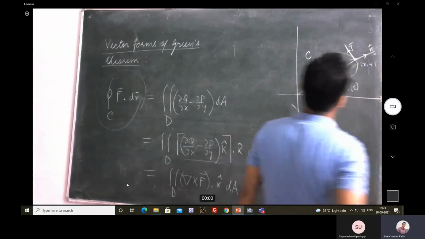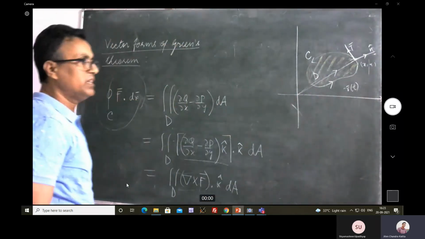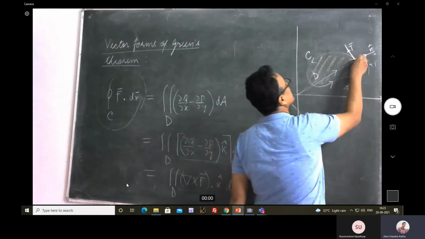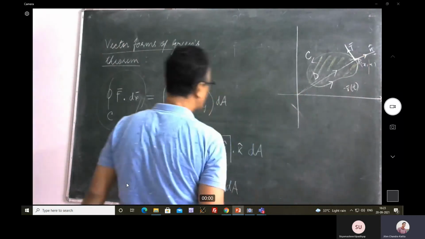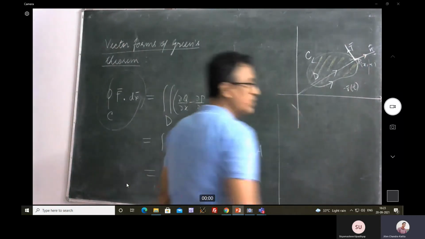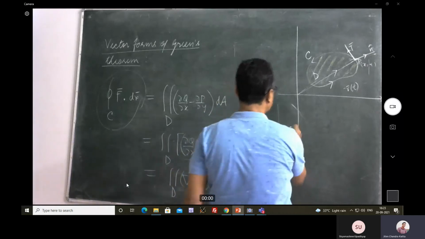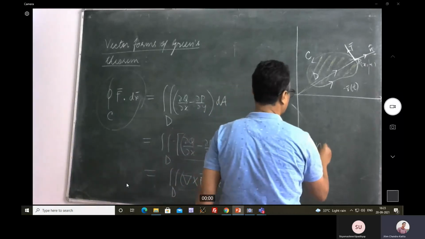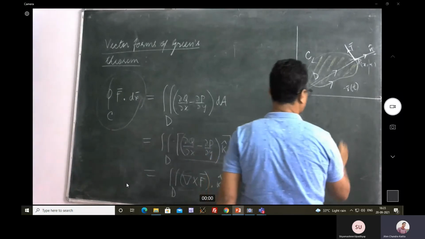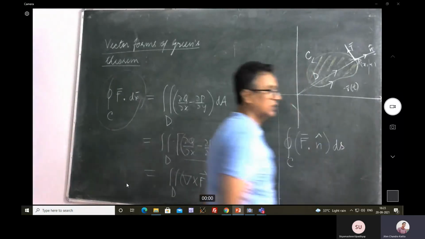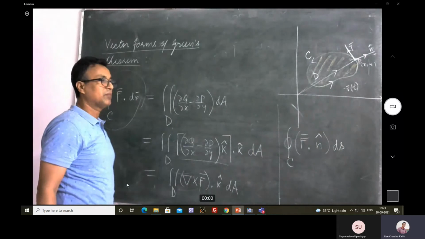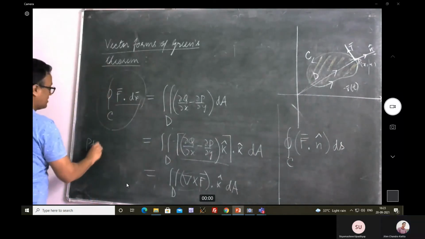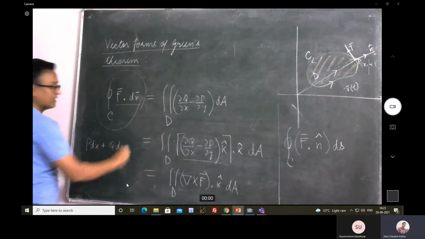Suppose the normal direction is the unit normal on that curve at this point P. Then what we are going to do is consider this integral over C of f dot n ds. Basically, earlier this was like P dx plus Q dy.